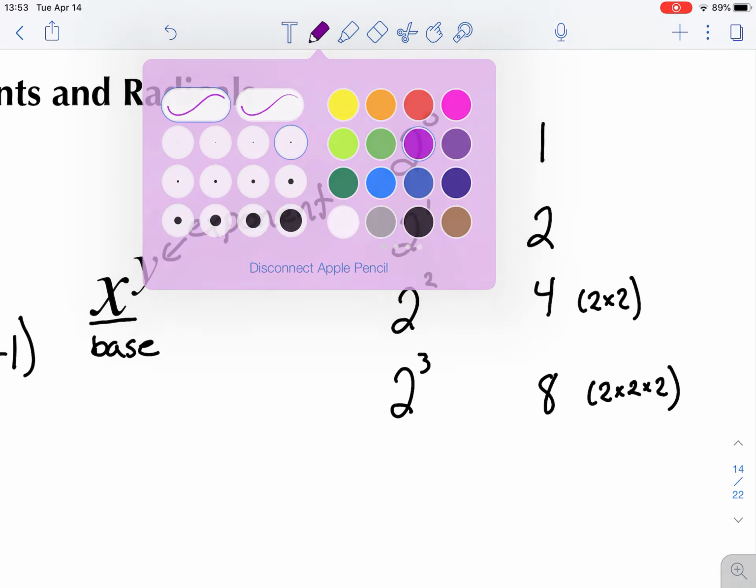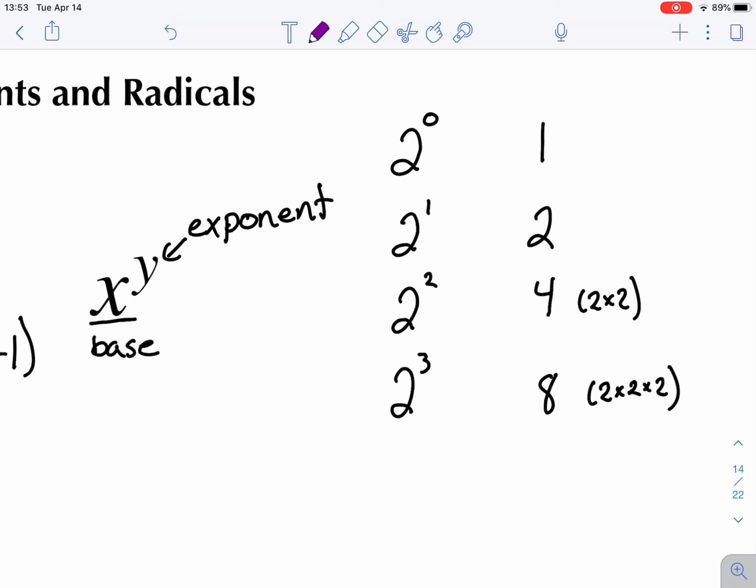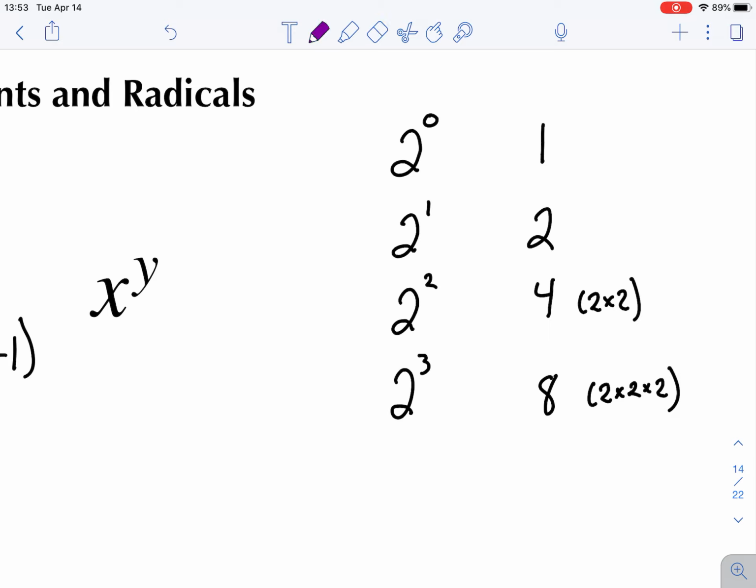But now, what happens if we have a power that's in between these two? Like, what would 2 to the power of 1/2 equal? I'm just going to erase this so we can write this out. What would 2 to the power of 0.5 equal? Well, 2 to the power of 0.5 obviously would have to be between 1 and 2.